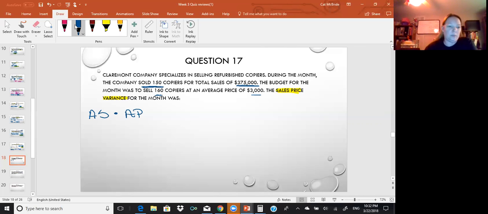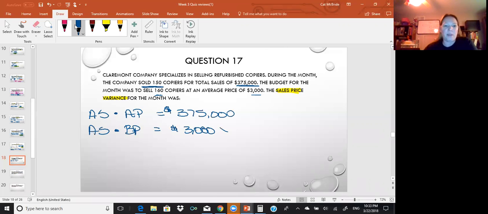So we know that we had sales of $375,000. Now we want to figure out, what did we plan to have? We plan to make $3,000 per copier and sell 160 copiers. So we planned to have sales of 450,000.